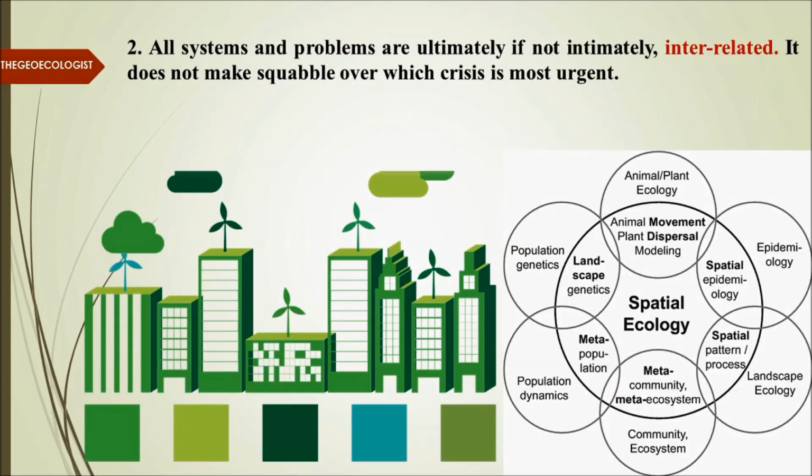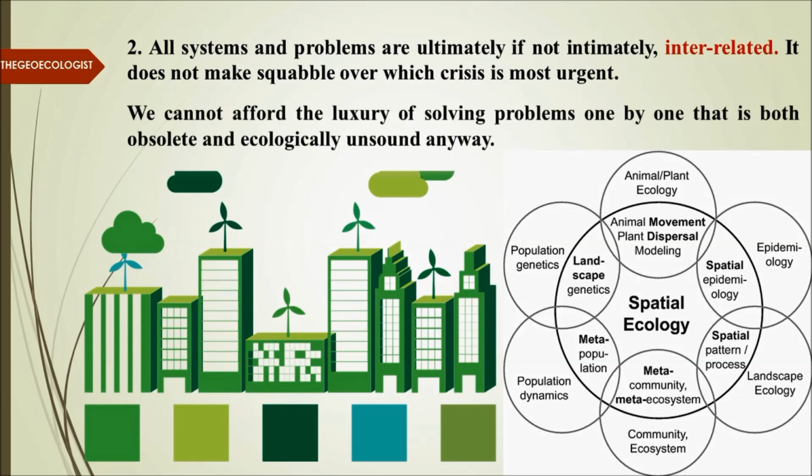All systems and problems, the second principle. See, it is interrelation that is the second principle. The first principle was the cyclic concept. The second principle is the interrelated concept. So interrelation is important. We cannot afford the luxury of solving any problem in isolation. For example, currently COVID, can you solve it in isolation? It is interlinked in the entire world in such a way that solving one problem will not be sufficient, because it's a systematic approach.